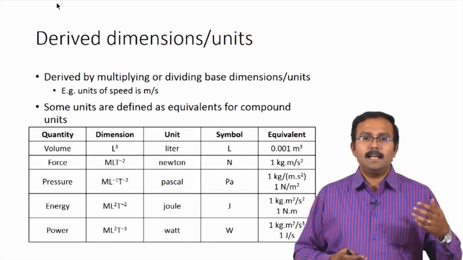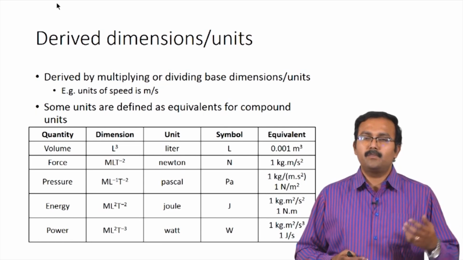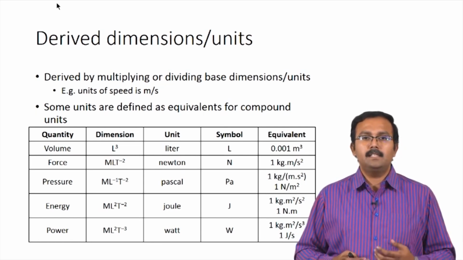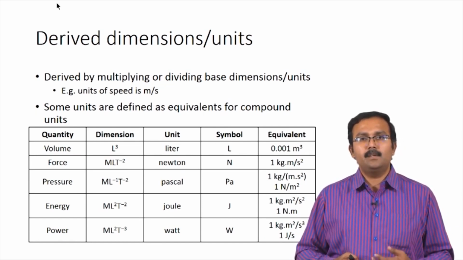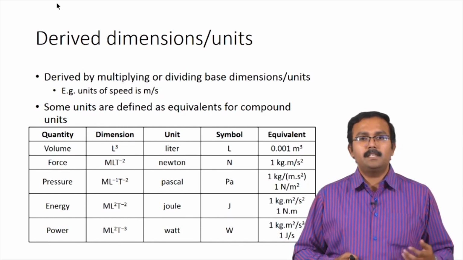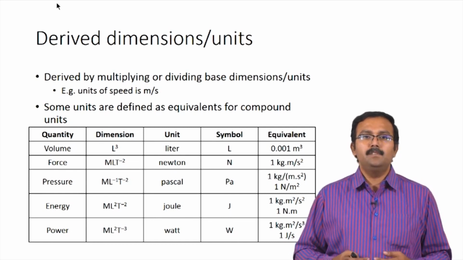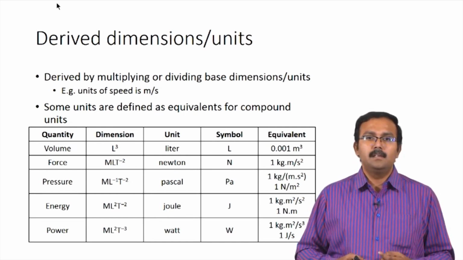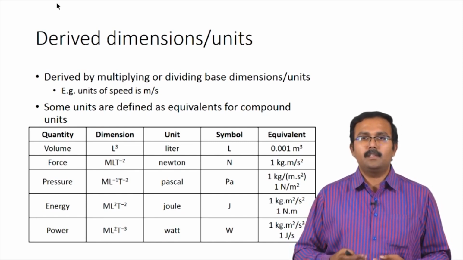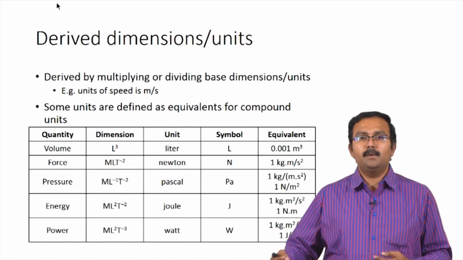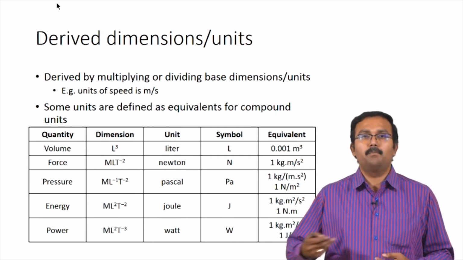Similarly, there are different derived units for force, pressure, energy and power. Force in SI units is given as Newton, pressure is given as Pascal, energy is given as Joule and power is given as watts. This table gives you the dimensions of these terms and the units, the symbols which are used for the SI units, and also their equivalents in terms of the compound units.